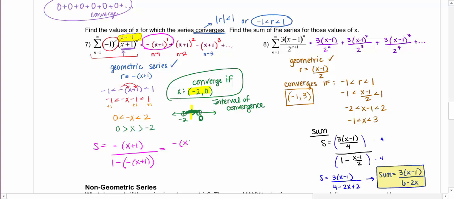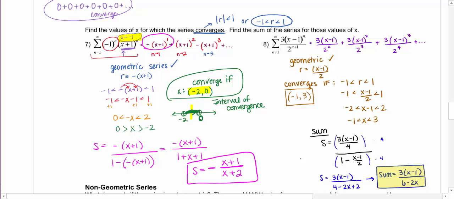So I'm going to keep this negative on the numerator, but then this will become 1 plus x plus 1. So my sum is this opposite of, and I can put it just in front of my whole fraction bar like so. I just caution you because then sometimes your negative becomes your fraction bar, but that's fine. Over x plus 2. I think that we can keep them separate. If not, then keep it, with the negative in the parentheses out front.